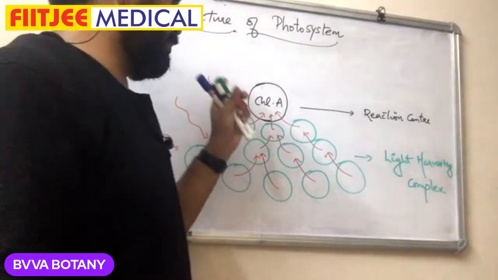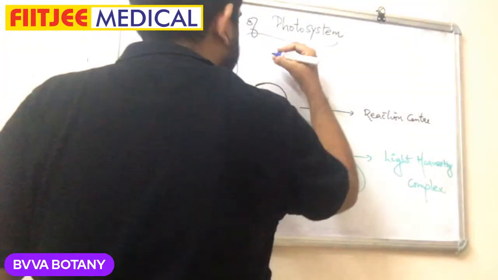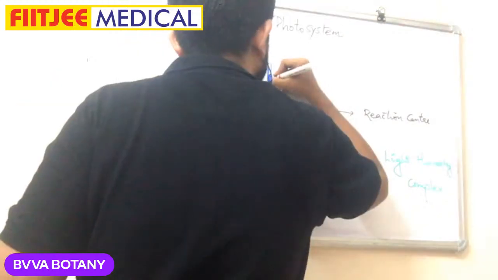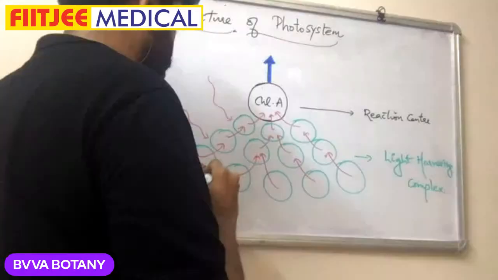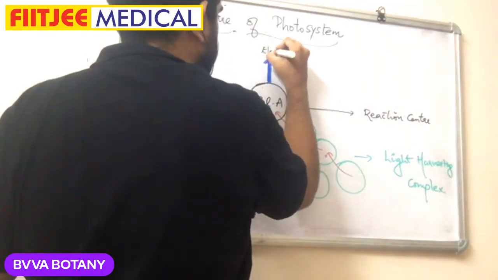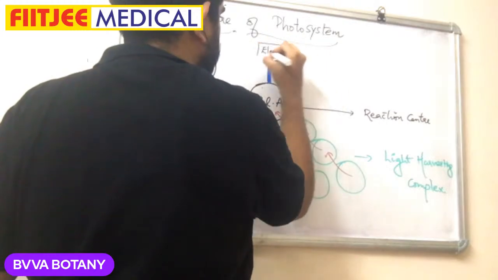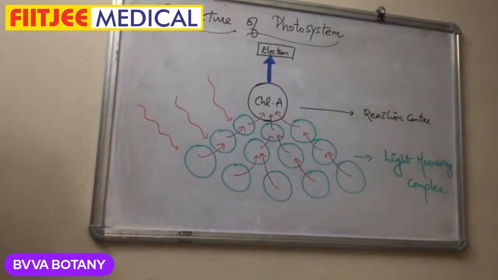As a result, it will undergo photo-oxidation, during which there will be a liberation of an electron. Electrons are released. This is the complete structure of photosystem.